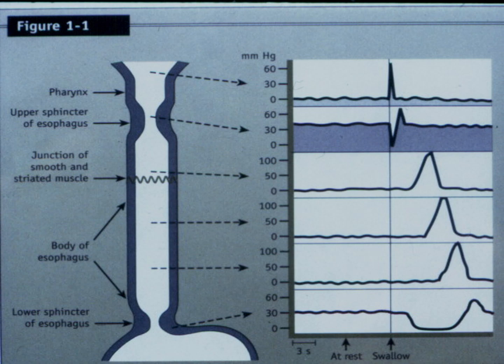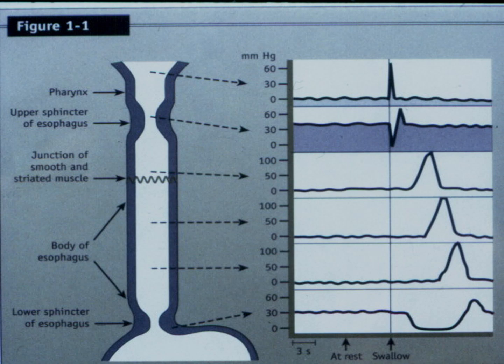On the right side, you can see pressure reading, indicating how the food bolus is moving from the upper esophagus to the lower esophagus. If you look at the uppermost component, you can see that there is a spike at the level of the pharynx, which tells you that there is basically a high pressure, and this is due to the contraction of the pharynx to get the food down through the upper sphincter.